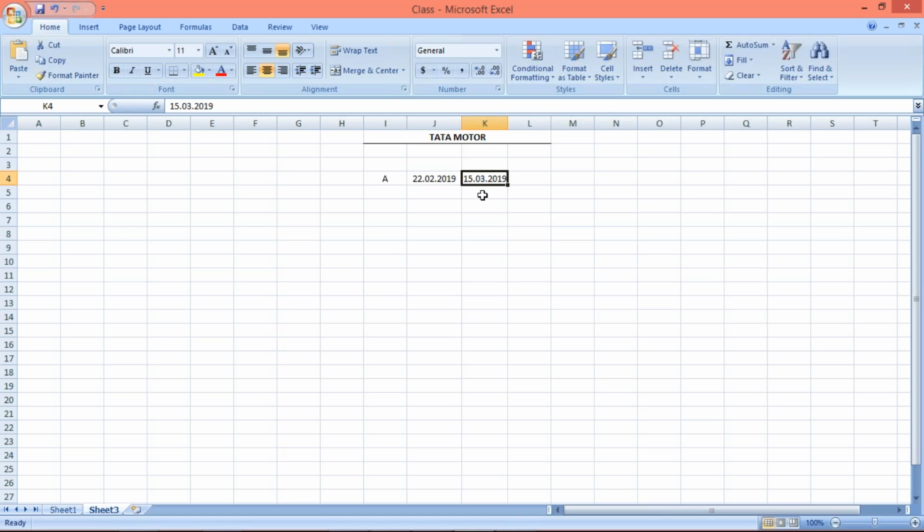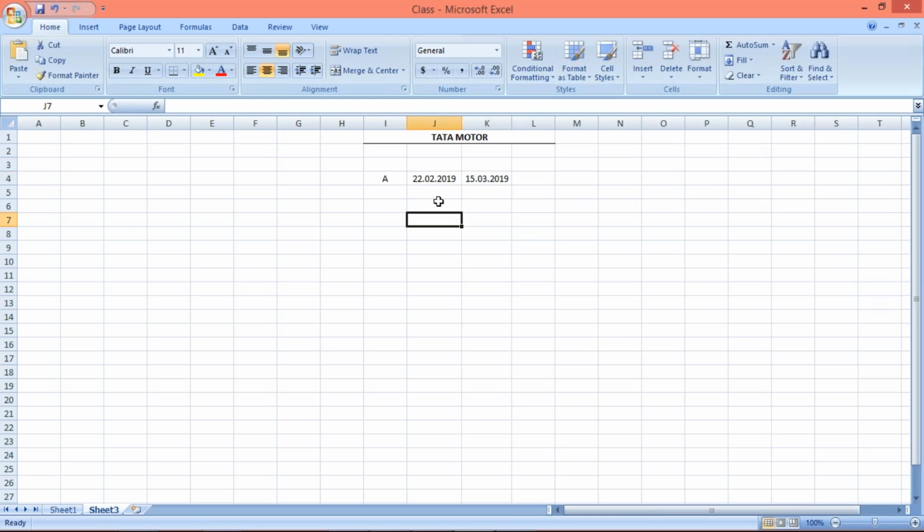Then all of a sudden he realized that there was an invoice which I forgot to post, or maybe at the month end, let's suppose it is 22nd of March or 25th of March, right? Then immediately, what will happen?